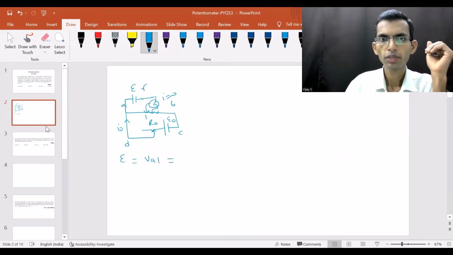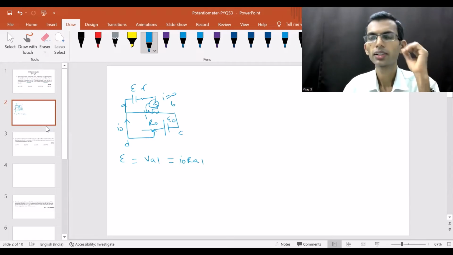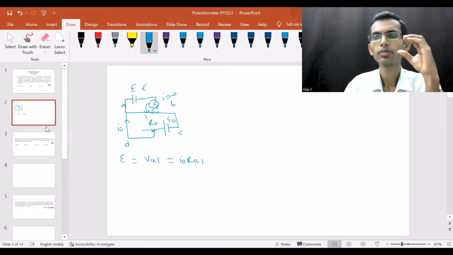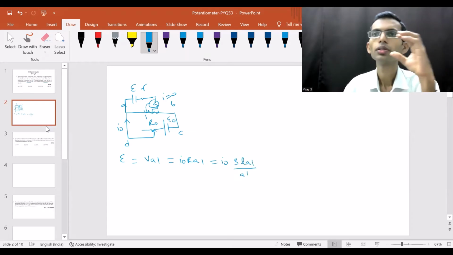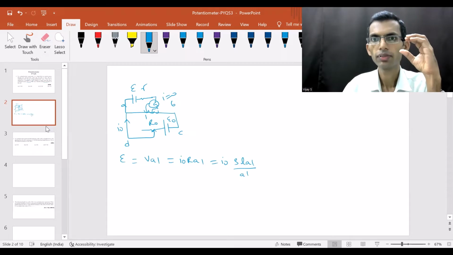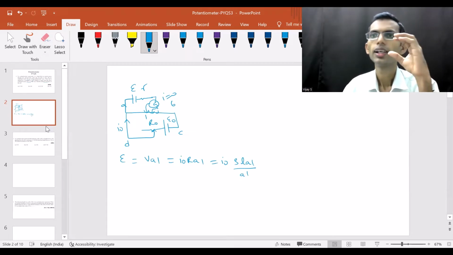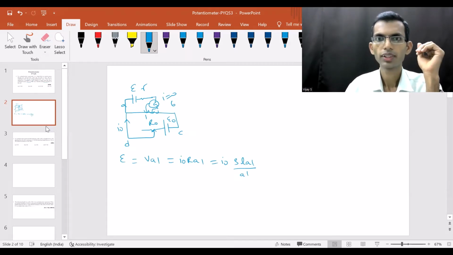Which is equal to I0 into RA1 from Ohm's law, where I0 is the main circuit current, RA1 is the resistance of the wire between junction A and moving contact position 1. The resistance of the wire is given by rho LA1 by A dash, where rho is the resistivity of the wire, LA1 is the length of the wire between A and 1, A dash is its area of cross section.